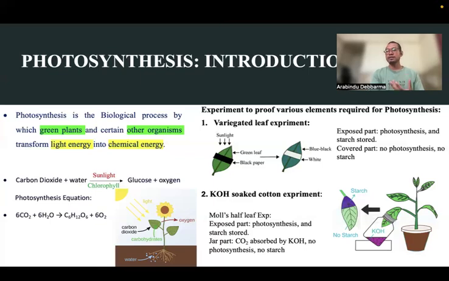Now, once it was exposed to the sun, and when it was taken out, for the leaf inside the bottle where KOH is present, when you add iodine, again there is no blue color formation, but for the leaf that has been exposed outside, there was a blue color formation, indicating CO2 was used for the purpose of photosynthesis.